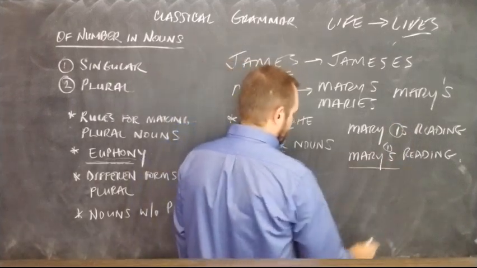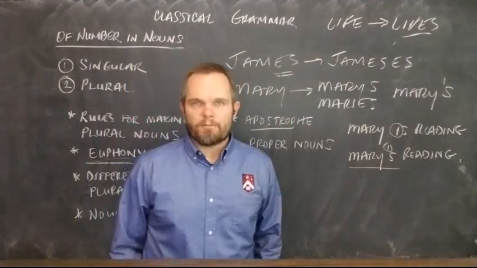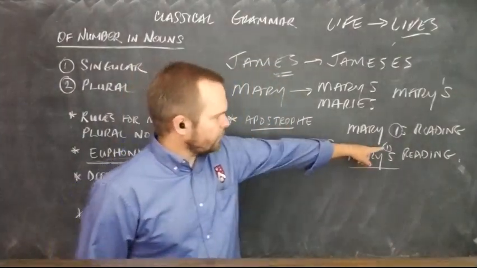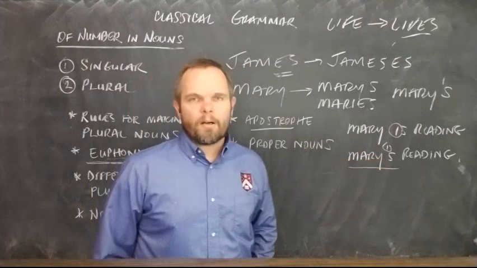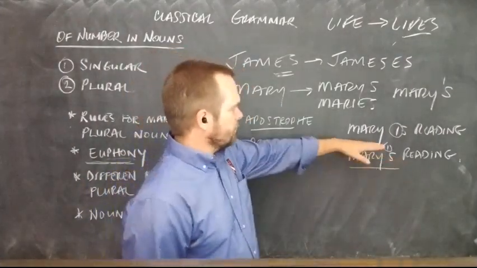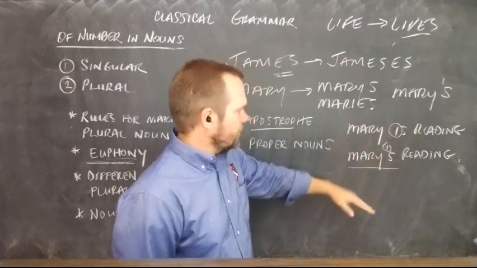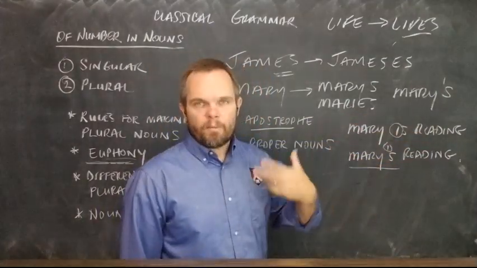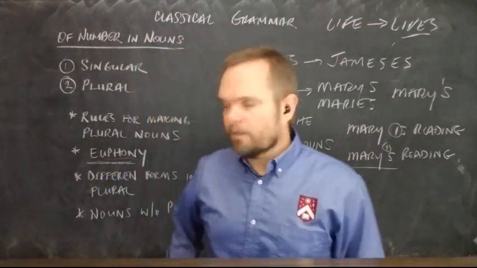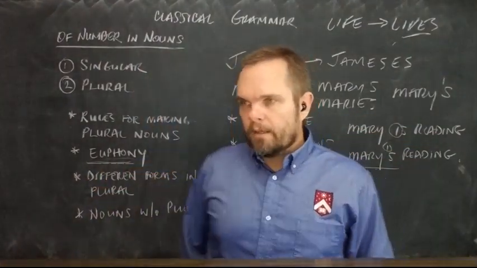And Mary's is a contraction. Letters, one or more letters has been dropped, and the apostrophe is used to mark where letters have been removed. The reason why that's done is because Mary is reading can be reduced to Mary's reading, which is easier to say and simpler, which is another example of euphony.